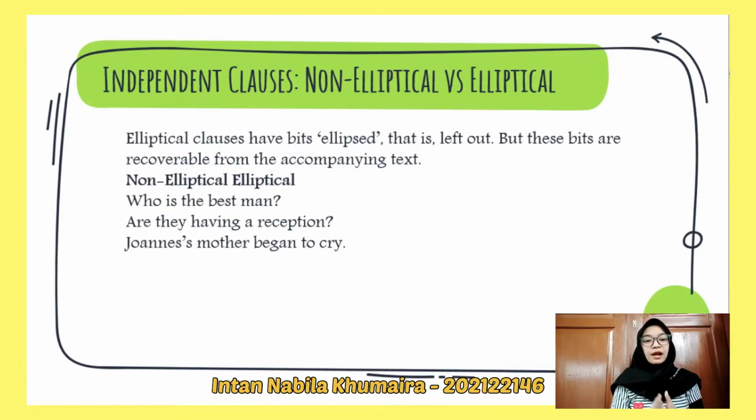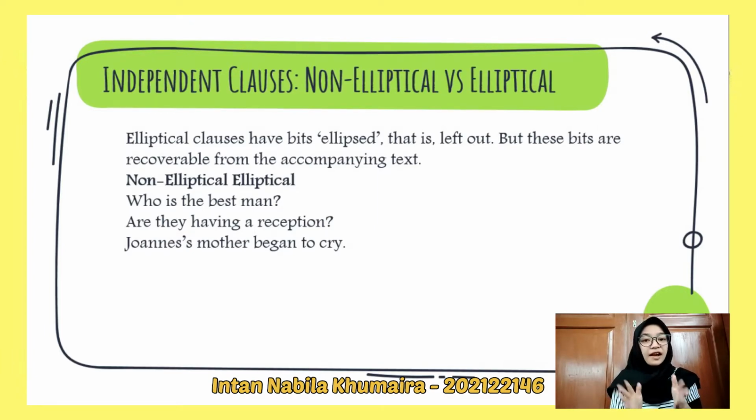Independent clauses, non-elliptical versus elliptical. Elliptical clauses have bits elided, that is left out, but these bits are recoverable from the accompanying text. Non-elliptical: Who is the best man? Michael Jones is the best man. Are they having a reception?